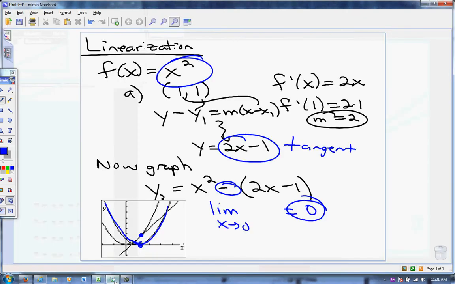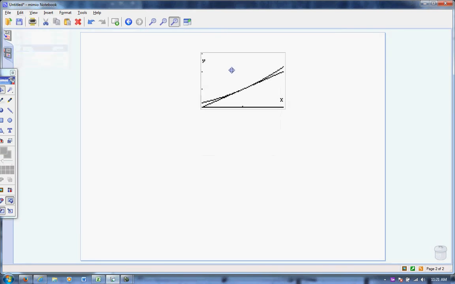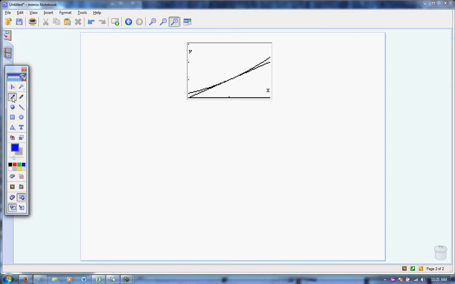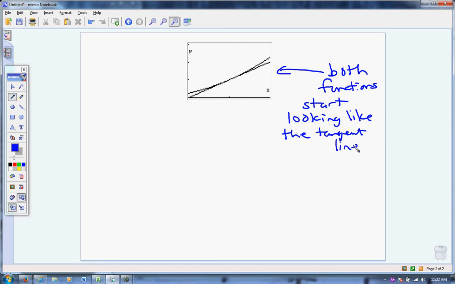It's the idea that when we get really close to a specific x value, both functions start looking like the tangent line. That is the idea of linearization.